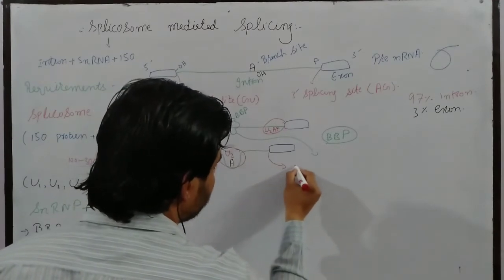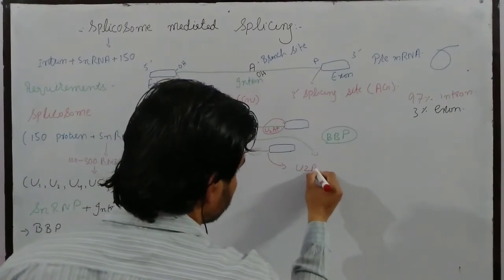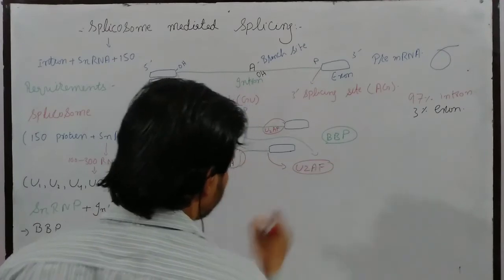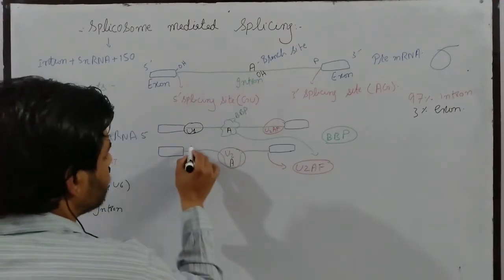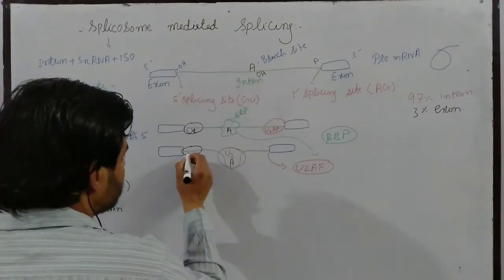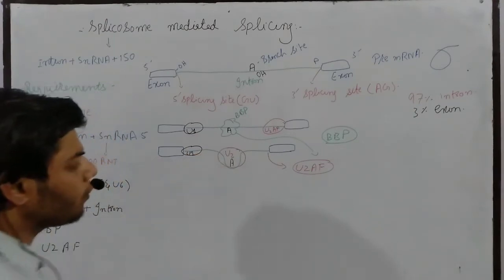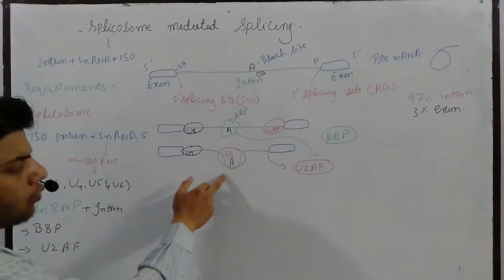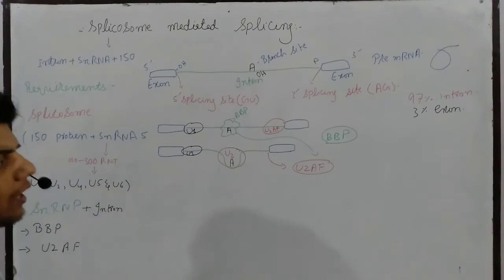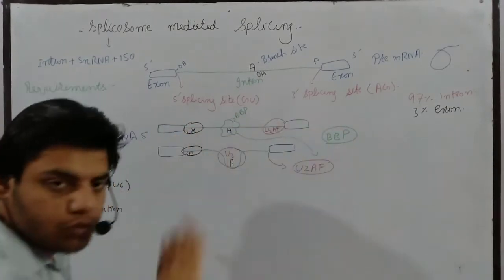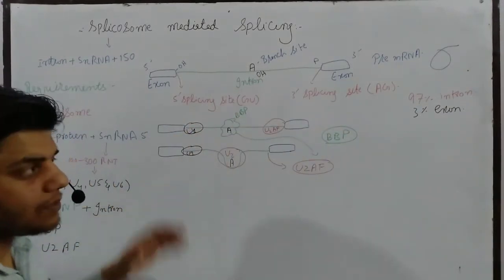So U2AF is also released. Finally we have just these two things, as you can see: U1 and U2, which makes the bulge-like structure, and in this way U2AF is also released. That is the second step.